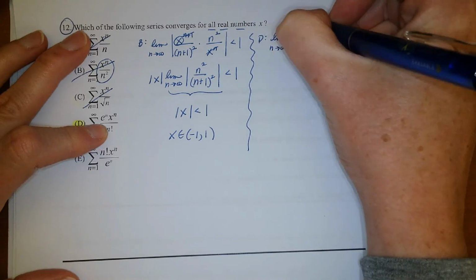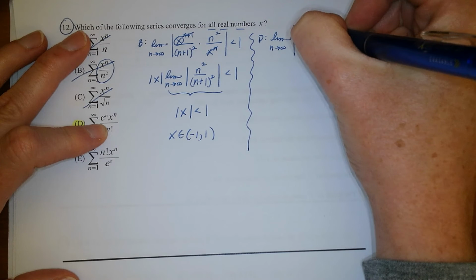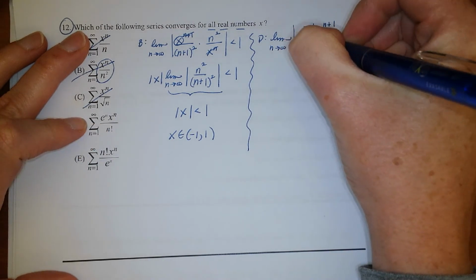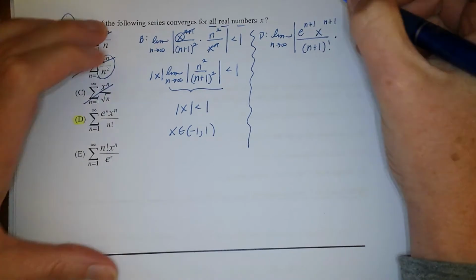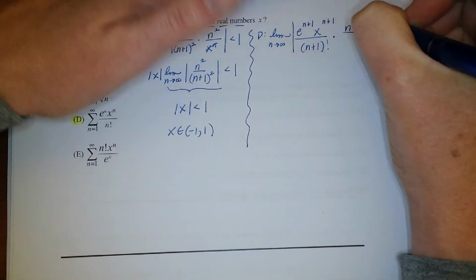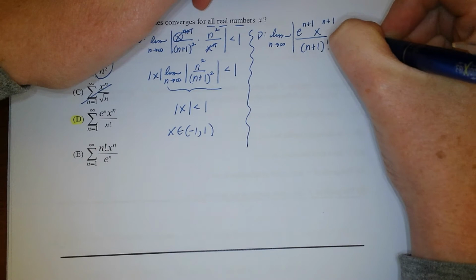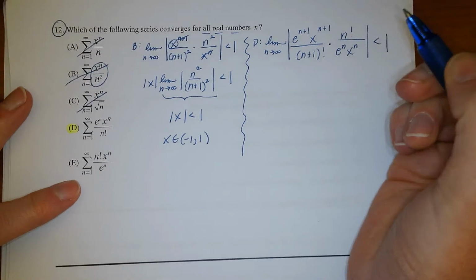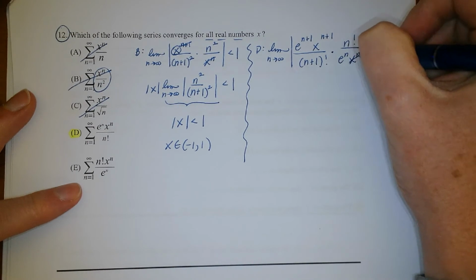So I'd have e to the n plus 1 times x to the n plus 1 over n plus 1 factorial, multiplied by n factorial over e to the n, x to the n, and that has to be less than 1 if it's going to converge. And then cancel it down.